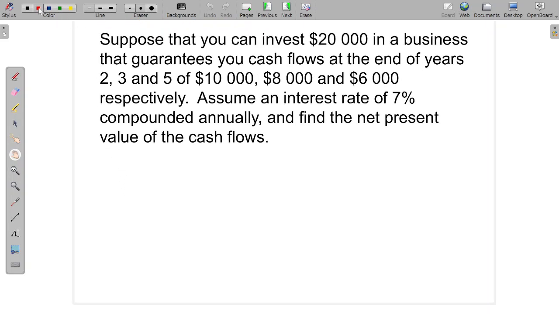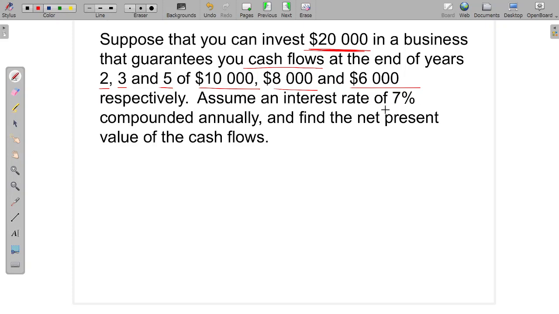Suppose that you can invest $20,000 in a business that guarantees you cash flows at the end of years 2, 3, and 5 of $10,000, $8,000, and $6,000 respectively.